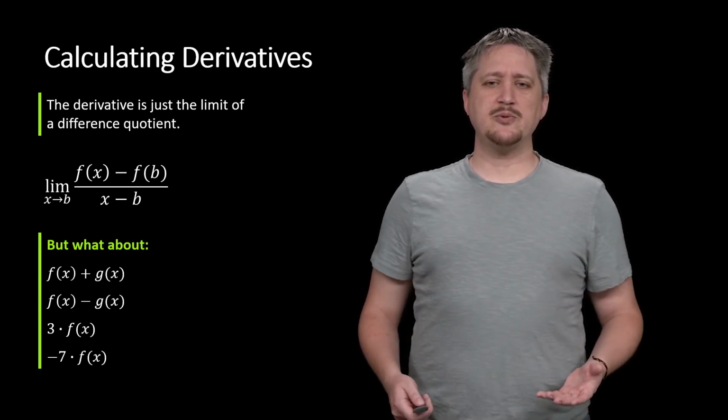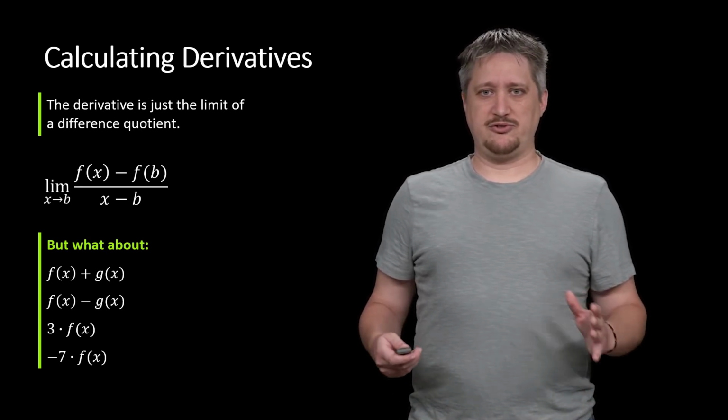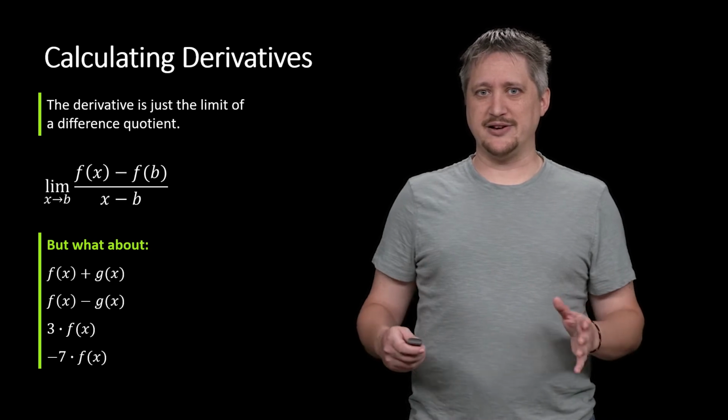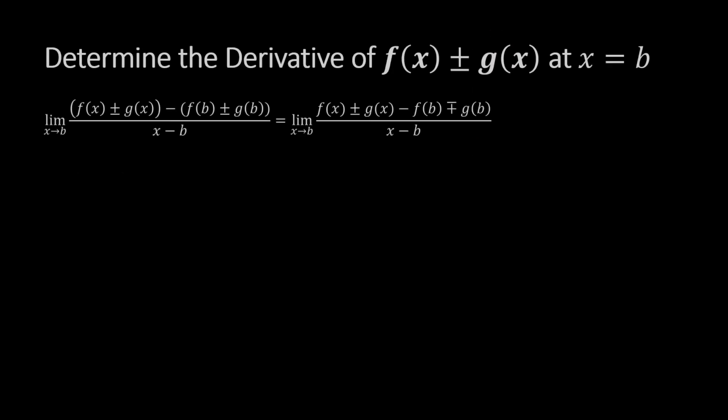So the first one we're going to tackle is the sum and difference rule. Just some forewarning, there is a lot of algebra, but we're going to talk through it. It's not quite as intimidating as it may visually appear. Okay, so we're determining the derivative of f of x plus or minus g of x. If you haven't seen this symbol before, it's a stand-in saying that I could use either plus or minus.